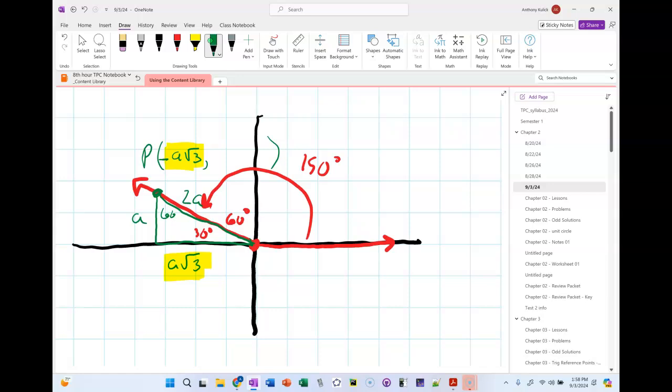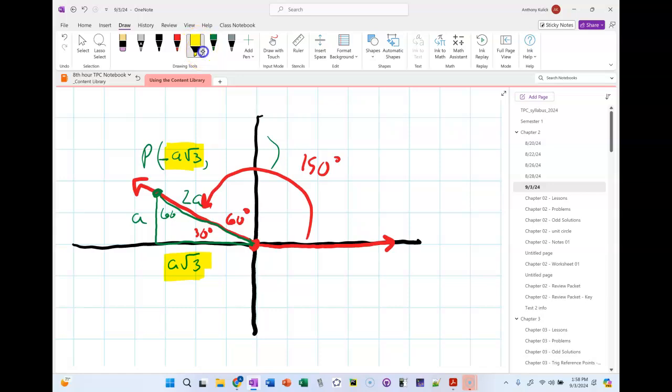And that's tough. But that's the point of us drawing the picture. Without the picture, it's very unlikely you would remember that negative sign. Okay? Gotta draw the picture. We need those pictures.